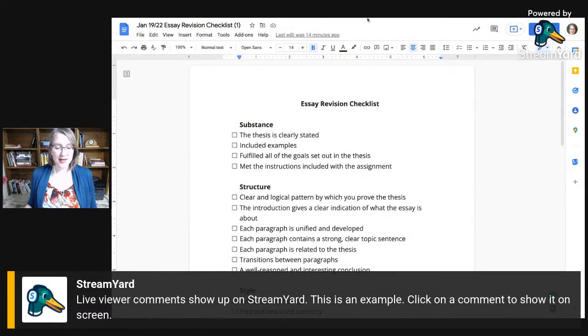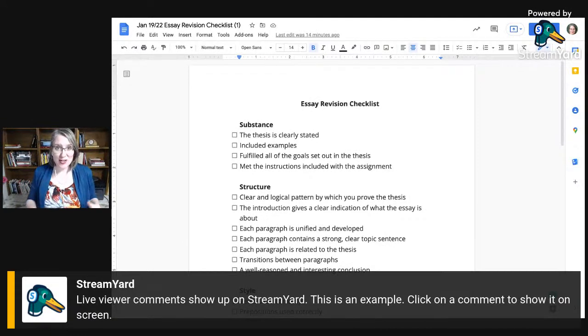All right. So this is our rapid essay review revision checklist. We are going to go through the essay quickly just to see how many of these we can check off. Then the person that submitted the essay will stay anonymous and I will connect with them later.